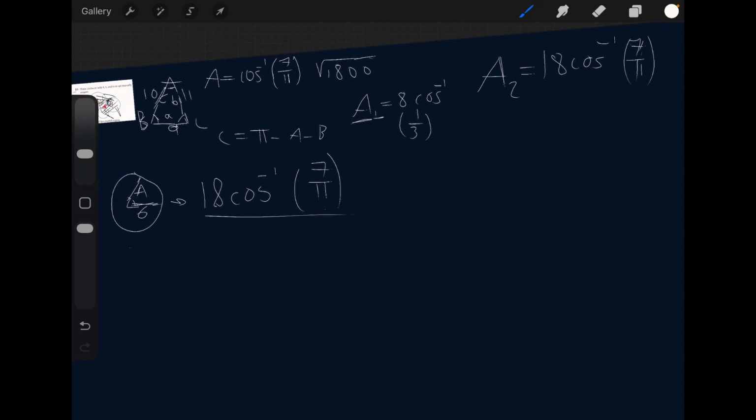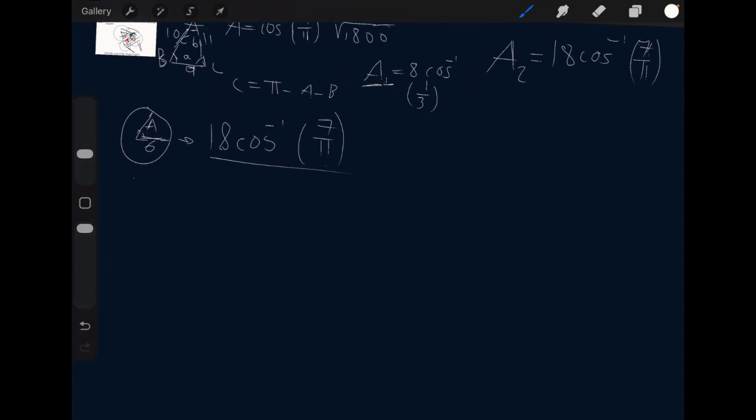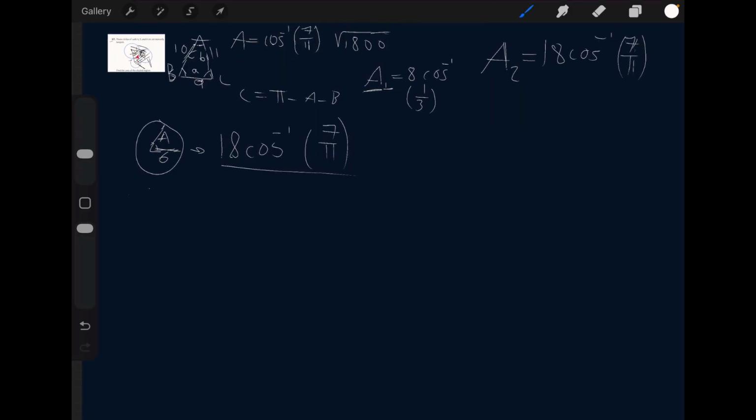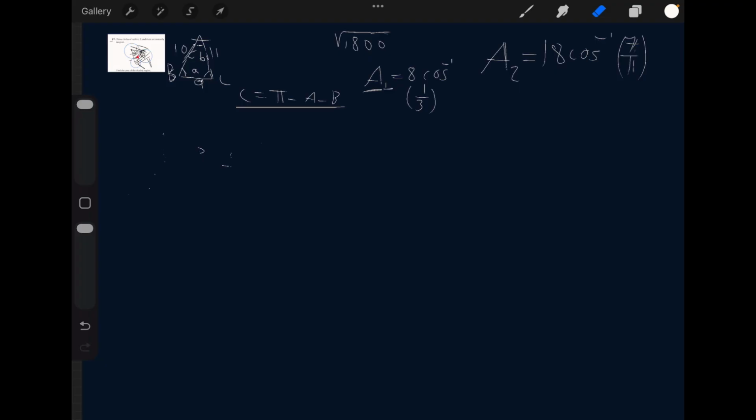Okay, the last one is going to be a bit trickier because we haven't found the angle as easily, but it'll work out pretty easily as well. So now we're not going to need this angle either. Very good. And then we're going to draw a new circle here.